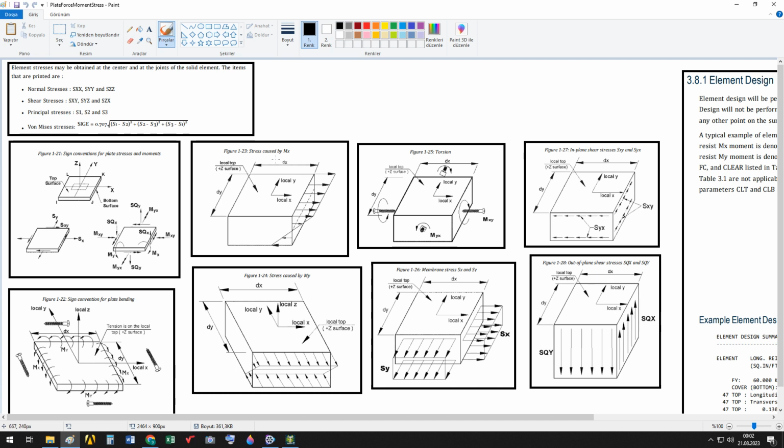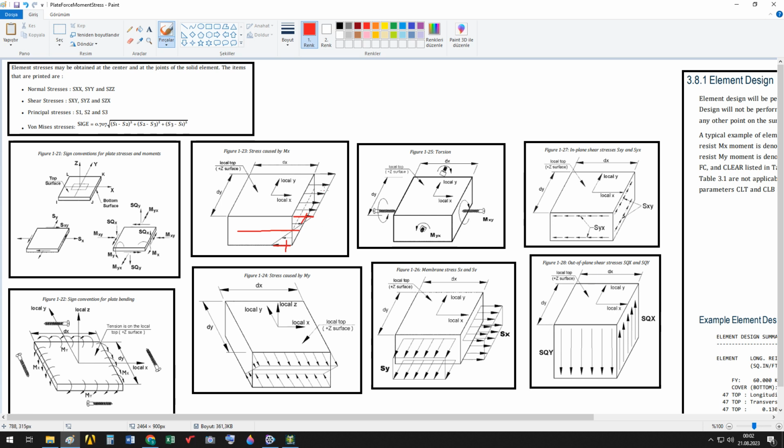As you understand, here is the neutral axis or the neutral plane, and the stress value here is 0. Okay? If you integrate this stress along the thickness of the plate, you will get 0, because this value equals this value and they cancel each other because they have opposite signs.